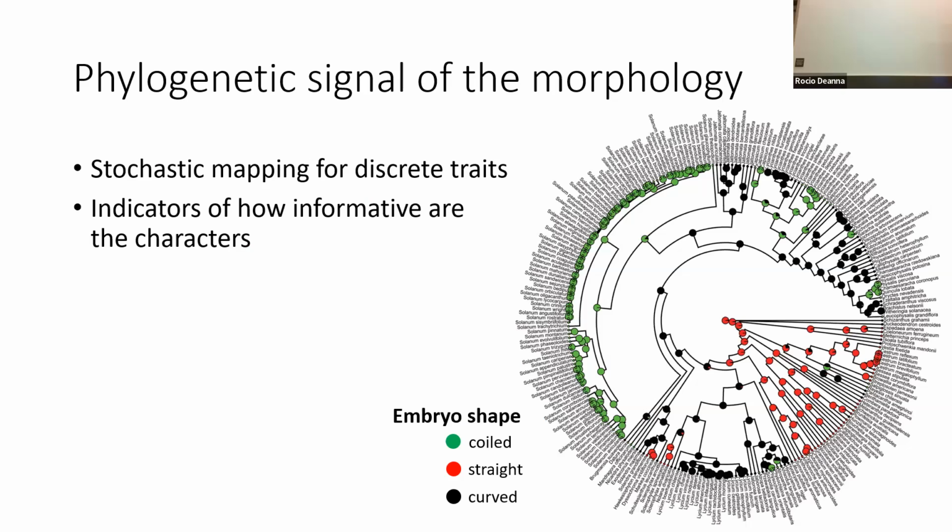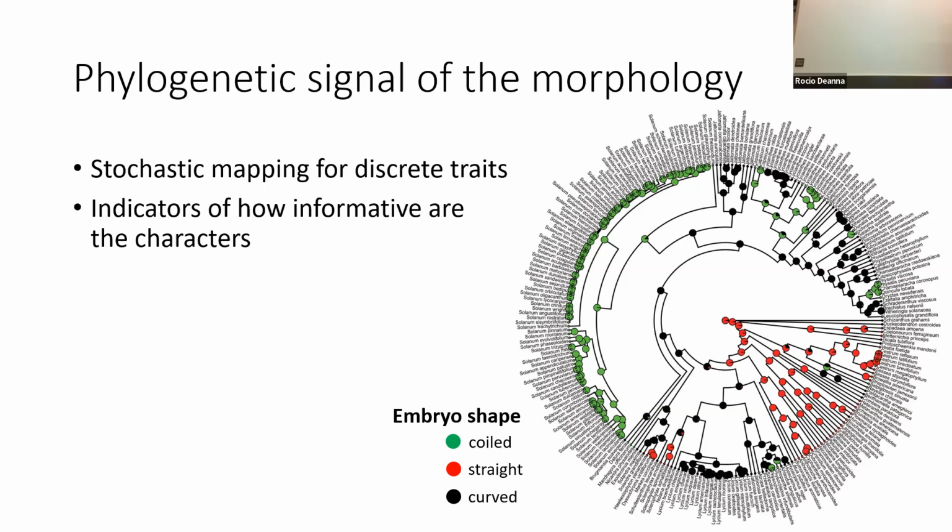And something that we can do is, for example, take a phylogeny that was already published for our study group with molecular data and then reconstruct the morphology of a particular character. So for example, we can use stochastic mapping for discrete traits, and we can see in that way how informative the different traits are.